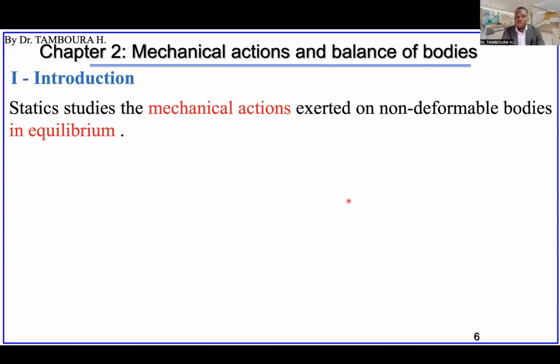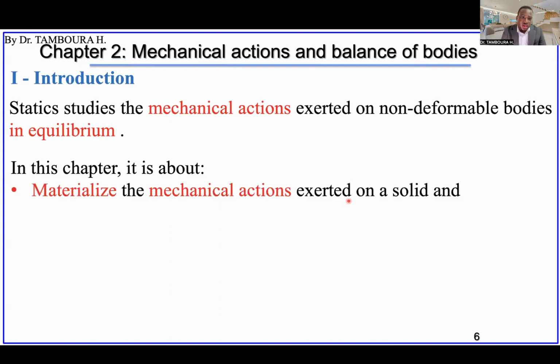So because this program is about statics, you need to understand what a mechanical action is, because statics is considering the effect of this mechanical action on non-deformable bodies that are in equilibrium. Okay, so in this chapter, we will try to materialize the mechanical action that is acting on a solid element, solid body.